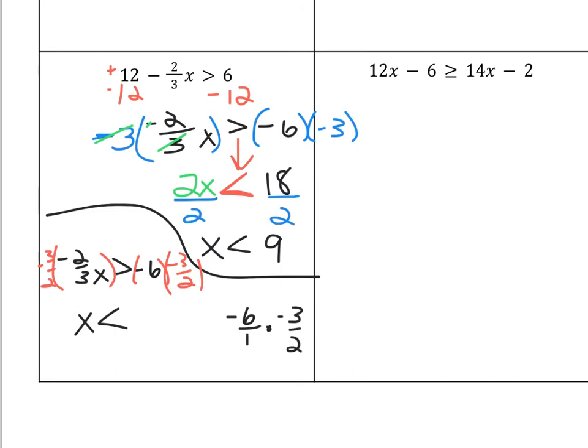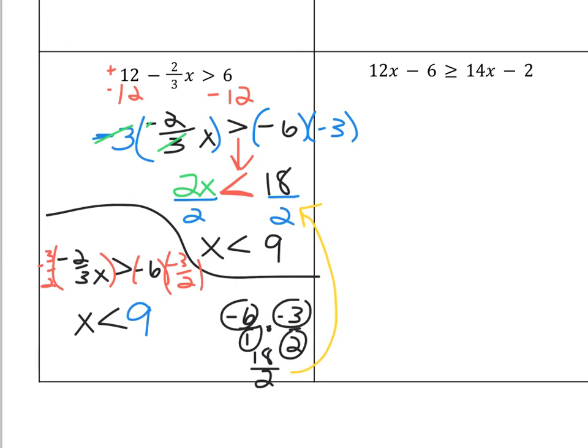So that would give me negative 6 times negative 3 is 18 over 1 times 2 is 2. You might see the connection here. That's the same process we had right there. So it's mathematically the same thing. Do what makes you happy. I like to get rid of my denominator.